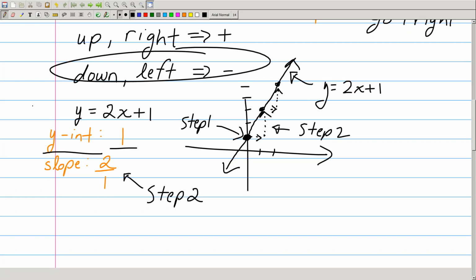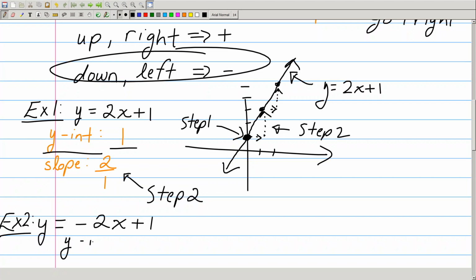Well, let's say this is example 1, okay? Let's say I have y equals negative 2x plus 1, and that's example 2. Well, in this case, the y-intercept is still 1, but the slope, you see, is negative 2 over 1, because the slope is negative 2.